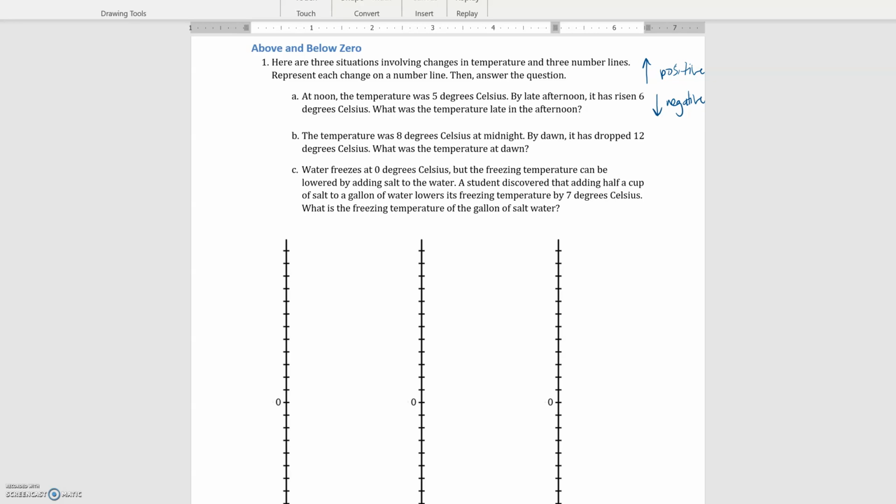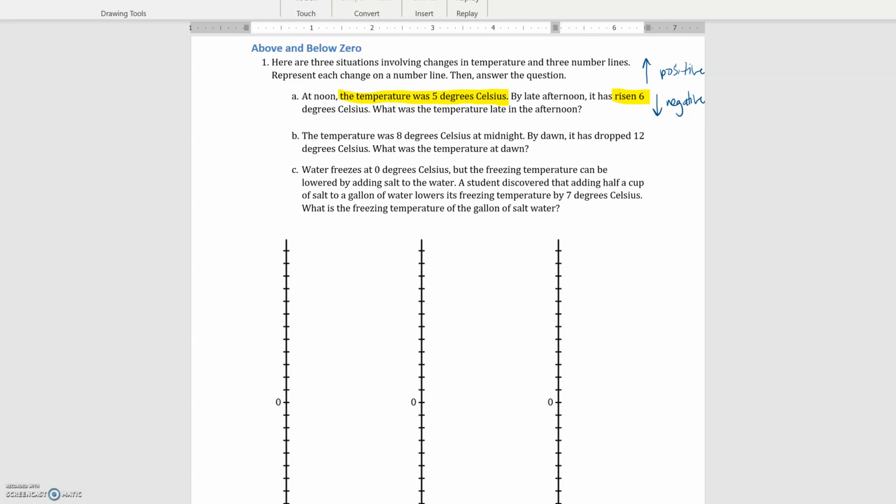Here's our first example we're going to read. It says the following. At noon, the temperature was 5 degrees Celsius. So I look here and I see that we're starting at 5 degrees Celsius. By late afternoon, it rises 6 degrees Celsius. So I'm going to highlight rise 6, so I know that's important. And it's asking me, what would the temperature be late in the afternoon?